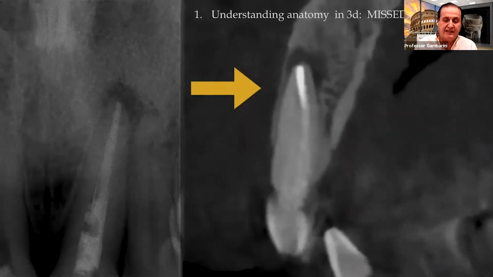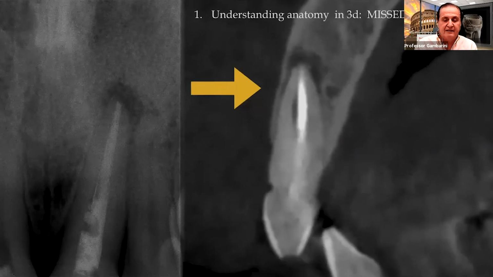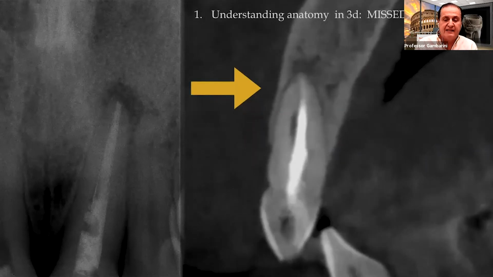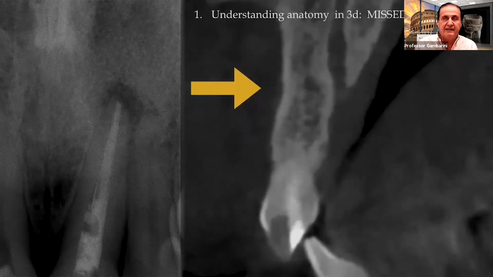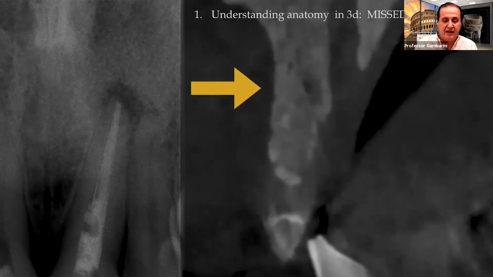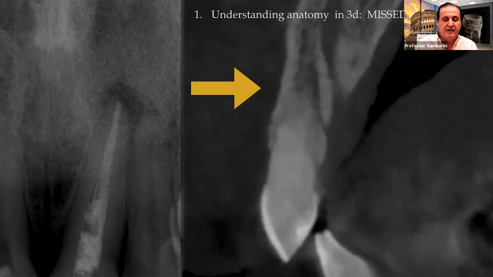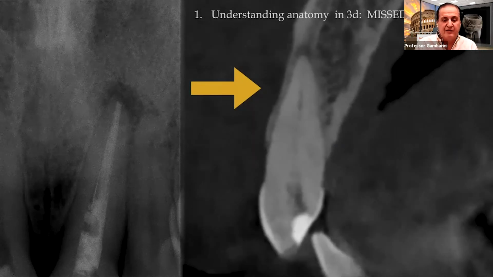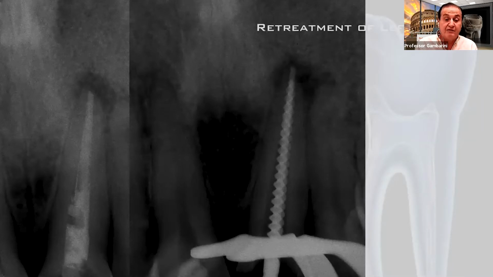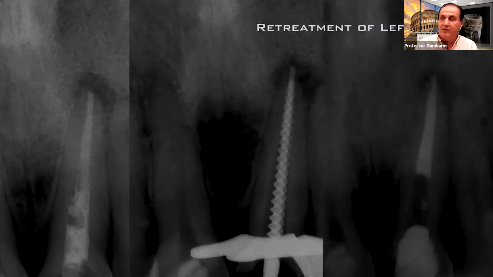If we see the same case from another view, we may really see the lesion, the part that was not properly cleaned, shaped, and obturated. This is the other incisor with the perforation. In this case, we retreated the case only by improving instrumentation and cleaning, and that's why we were able to make a much better treatment.